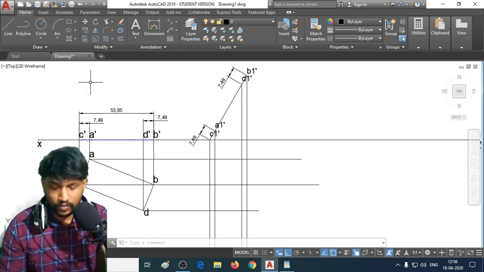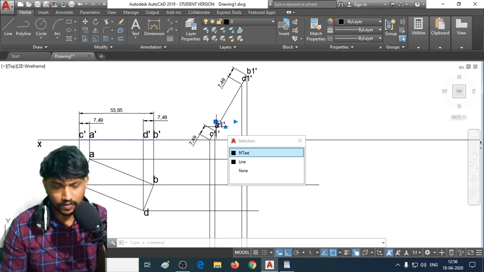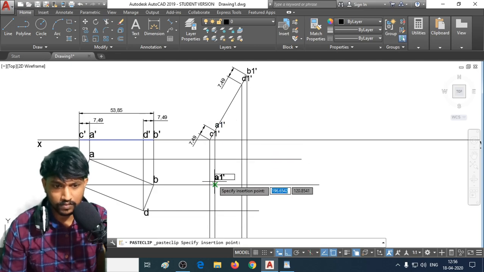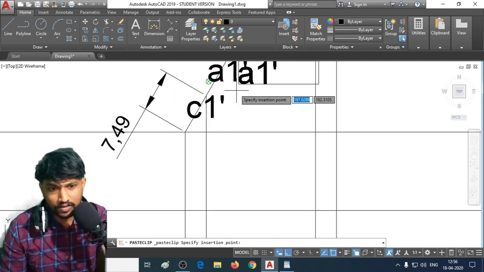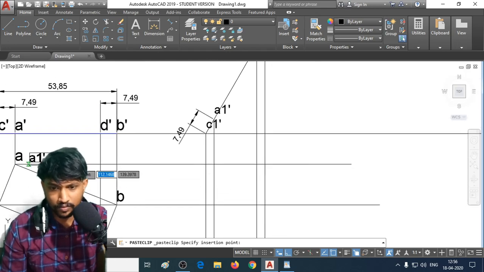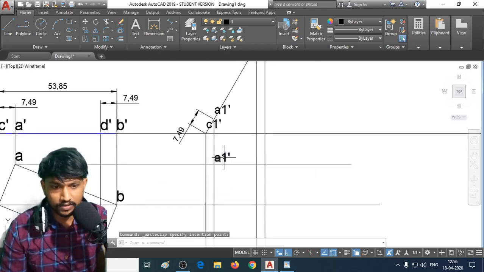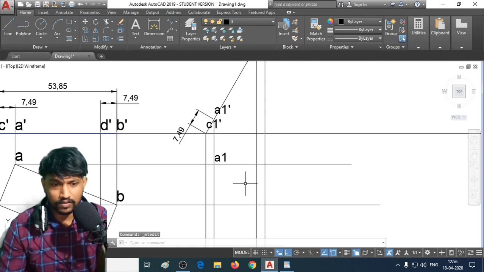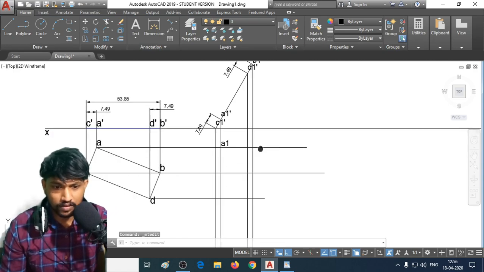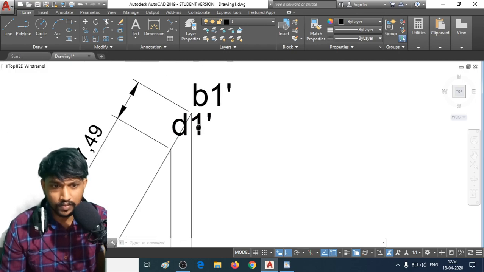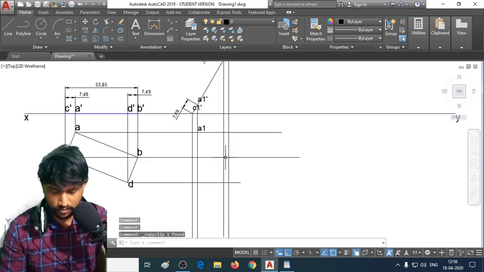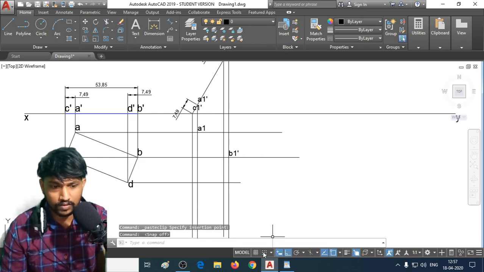Let's mark the intersection points. Wherever a1 dash projection is going to meet A, we will name it as a1, and wherever B's projection is going to meet with b1 dash, we will name it as b1. Sorry, turn on the snap mode.